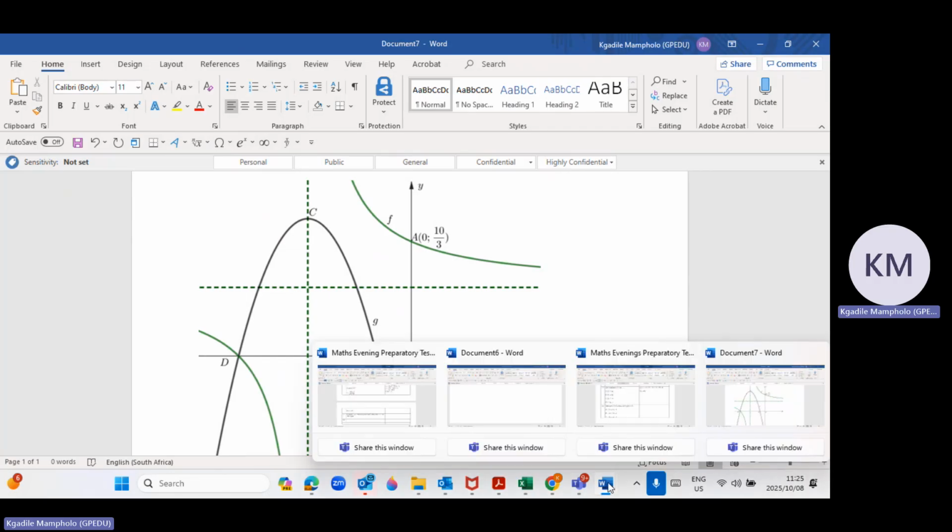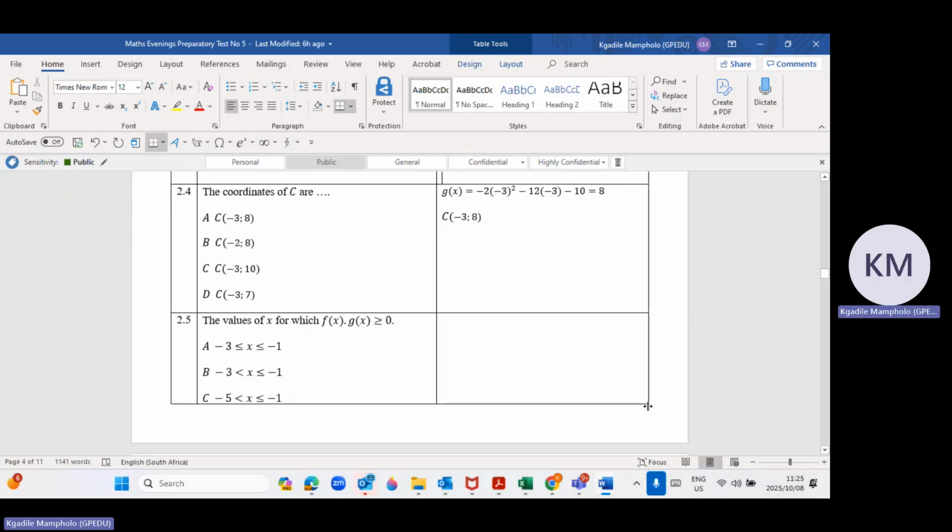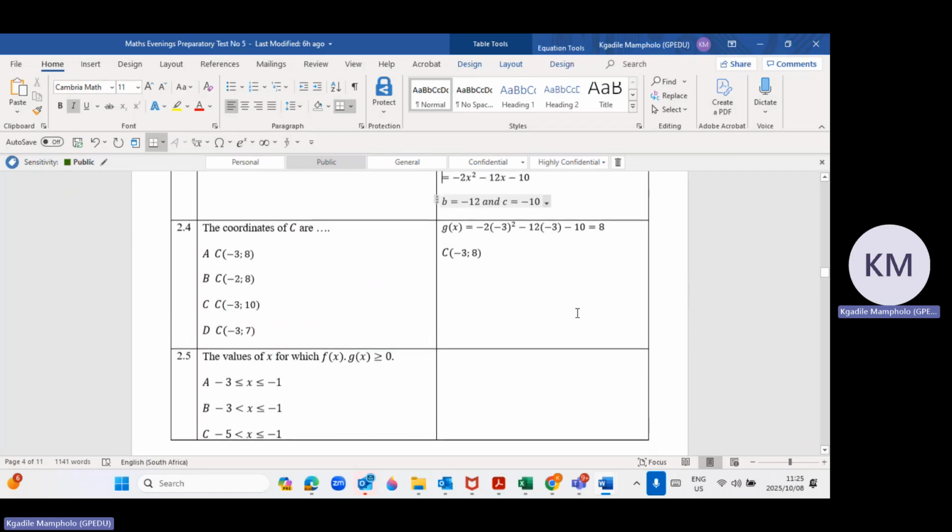To get the y value of the turning point, you substitute the x value into the original equation. The equation of G, we have determined it here. Then we substitute x as negative 3, then the answer will be 8. Then the coordinates of C, the turning point of G, is minus 3 and 8.